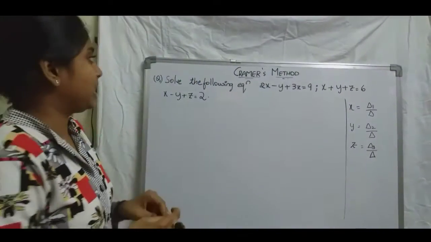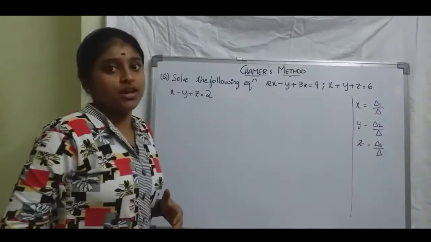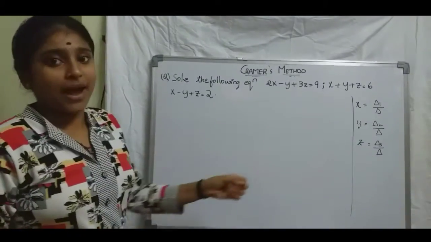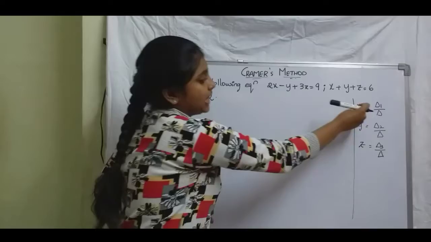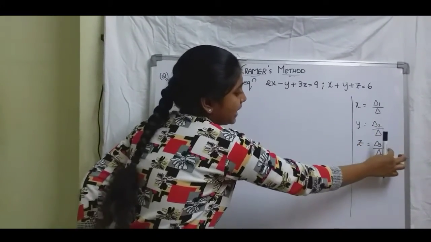So in Cramer's rule, we will find the exact values of x, y and z. To get these values, we need delta 1, delta 2 and delta 3.